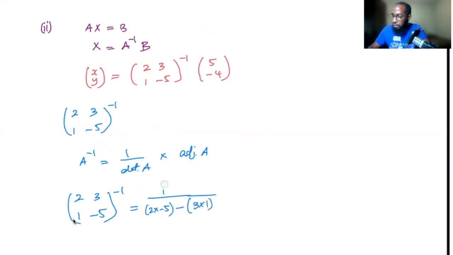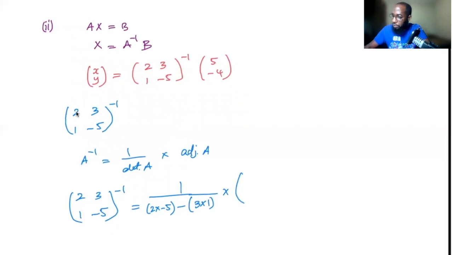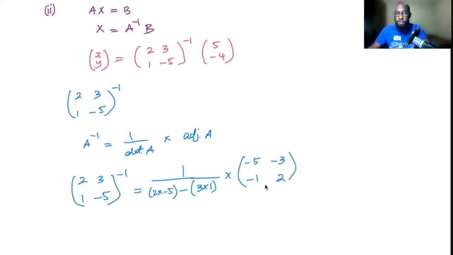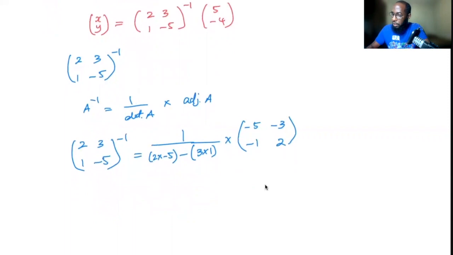Let me just make it a little more uniform. Multiply by the adjoint. For the adjoint, we simply switch the positions here. So negative 5, 2. And we are changing the signs here. So I have negative 3, negative 1. This is the adjoint, right? This is the adjoint. Continuing.